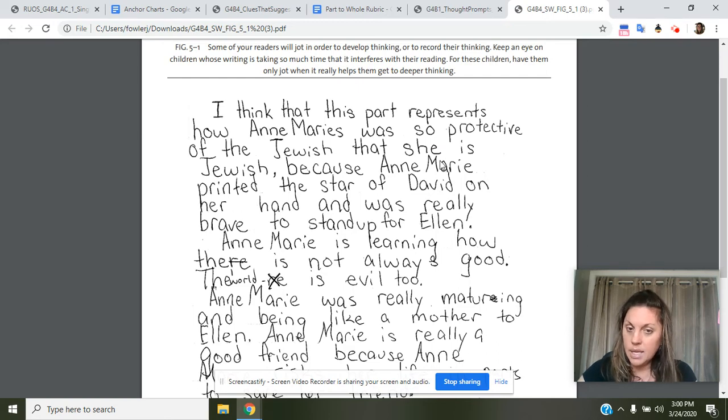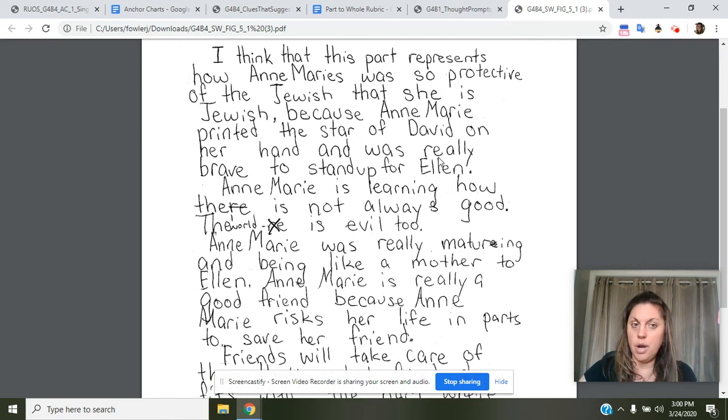Now it goes on, but this part is obviously the part this person's writing about is when Anne Marie pulled Ellen's necklace off and really in the nick of time before the soldier walked in that represented the fact that she was Jewish. And in fact, she held it so tight and securely in her hand that it got imprinted there.